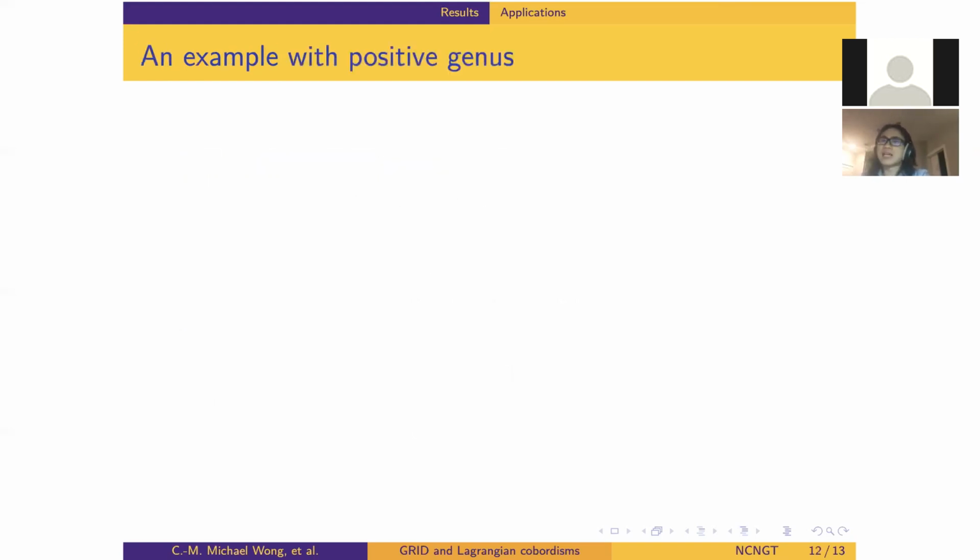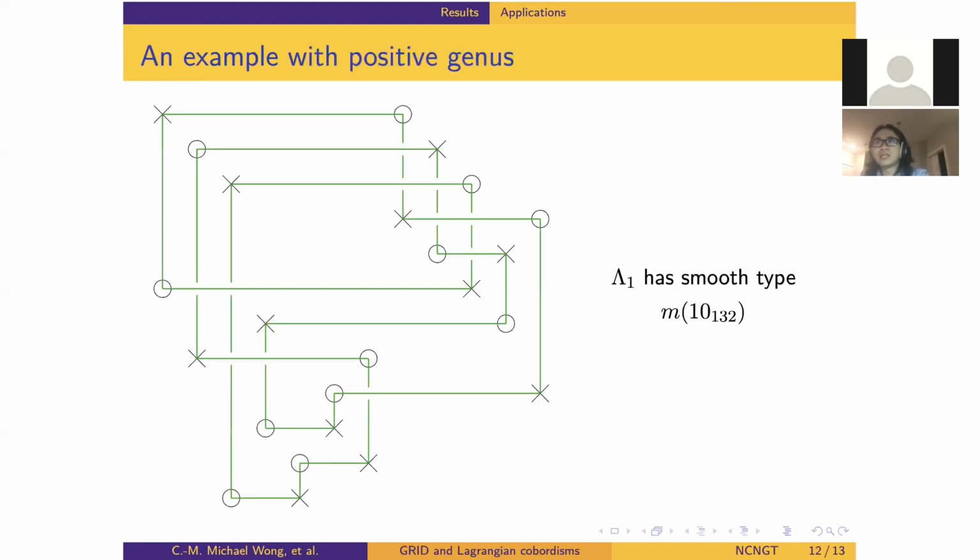Now, if you want an example with positive genus, it's actually similar to as before. You have the same thing, but what we do is we add a twist here or a clasp by changing locally here. You get a different smooth type and you don't change anything else.